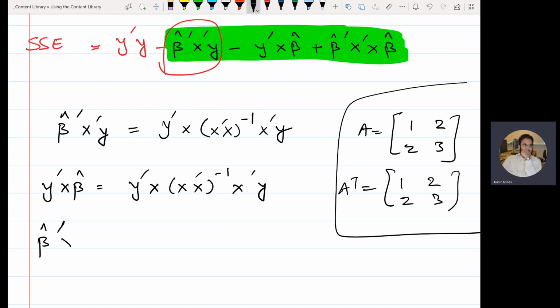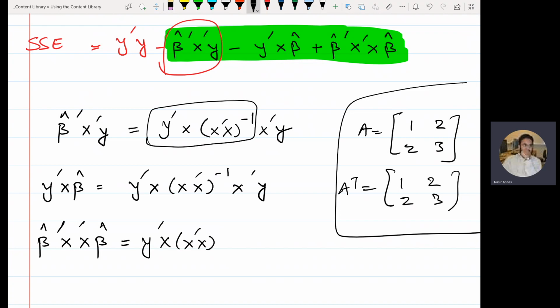Beta hat prime X prime X beta hat. So my beta hat prime is this one, correct? So I'll take this one, Y prime X times X prime X whole inverse. This is beta hat prime. Then I have X prime X, and then I have beta hat again.